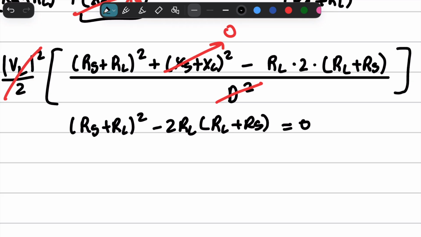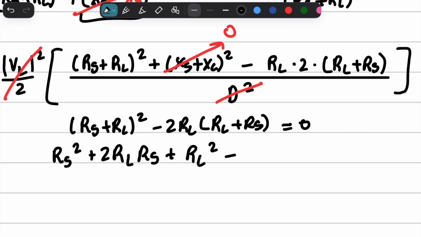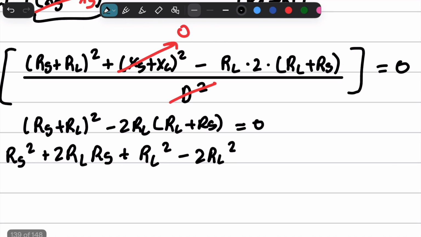We're going to expand this, so it's going to be RS squared plus 2RL RS plus RL squared, and then expand this right here, minus 2RL squared, minus 2RL RS is equal to 0.